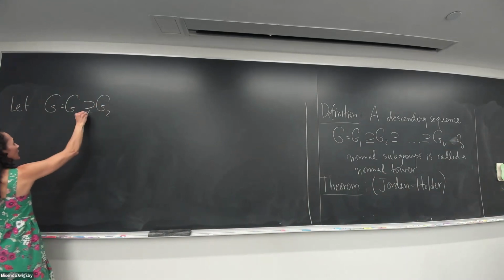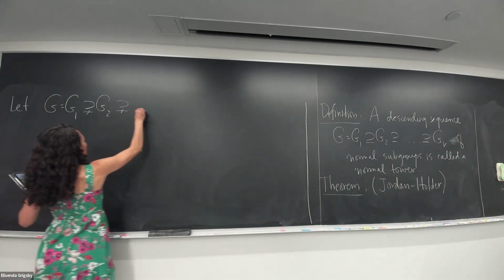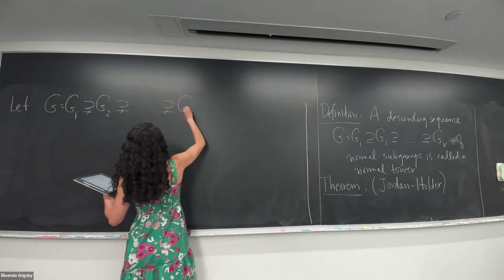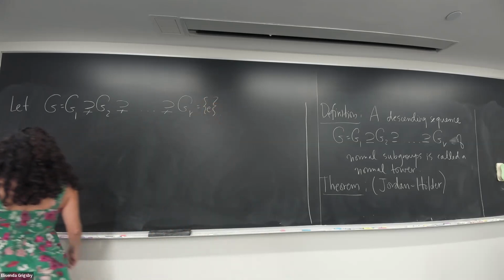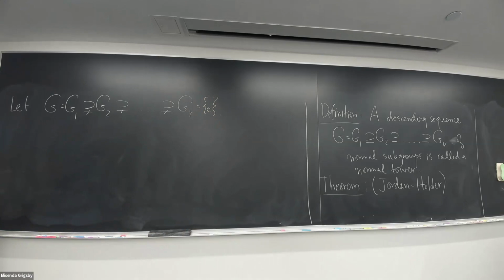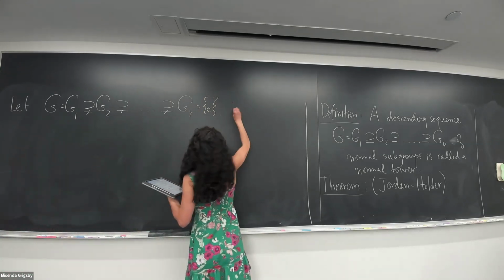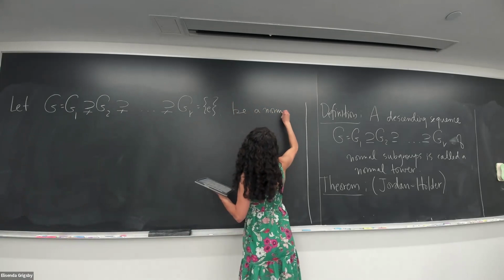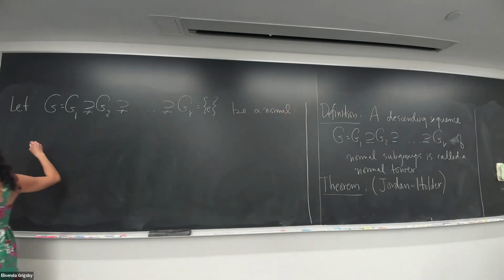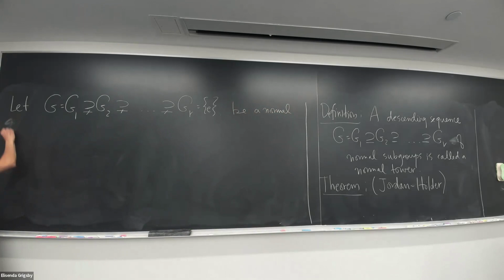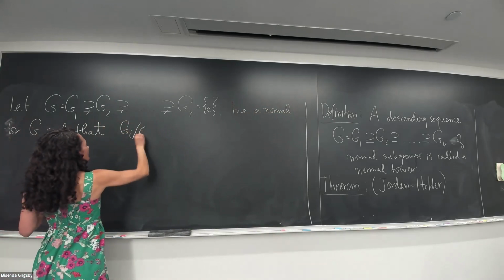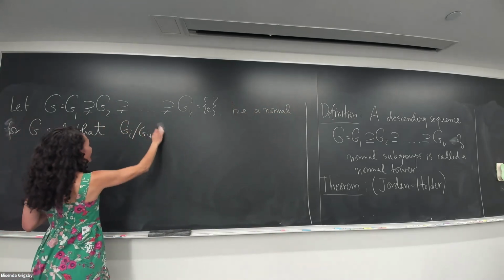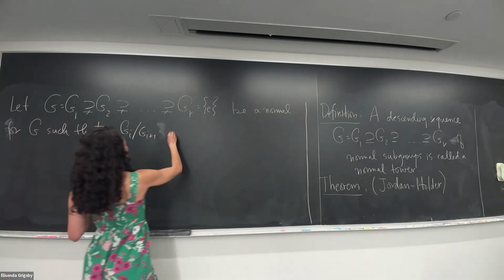The complete normal tower is such that these successive quotients are all simple.